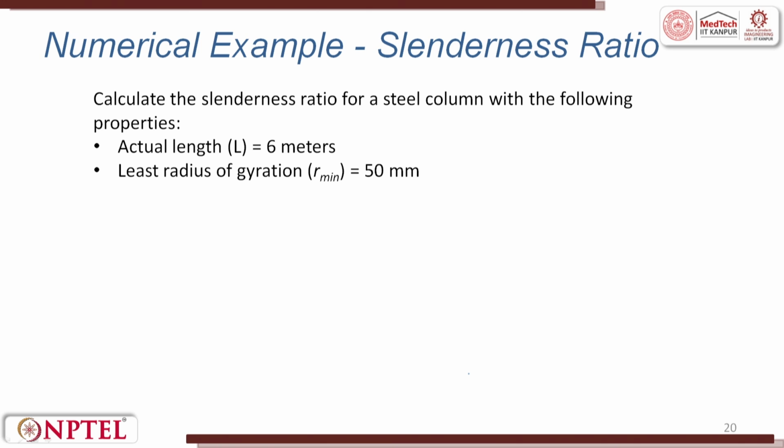So, here we are supposed to calculate the slenderness ratio for a steel column with the following properties. How do we calculate the slenderness ratio? Lambda is given by length by R min, which is 6 meters, and this is in millimeter.